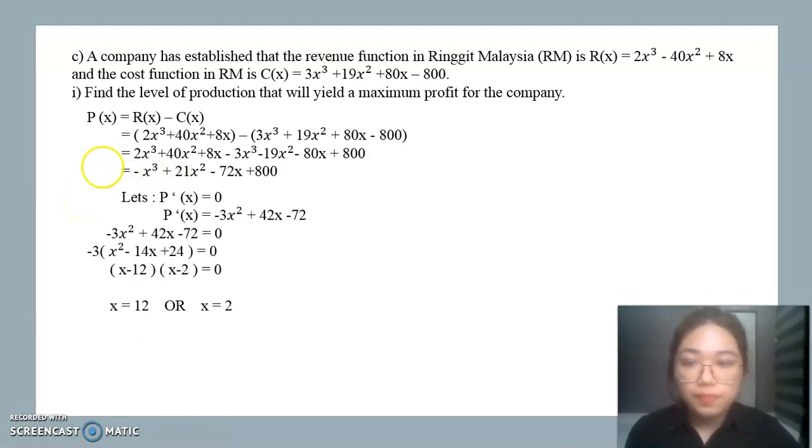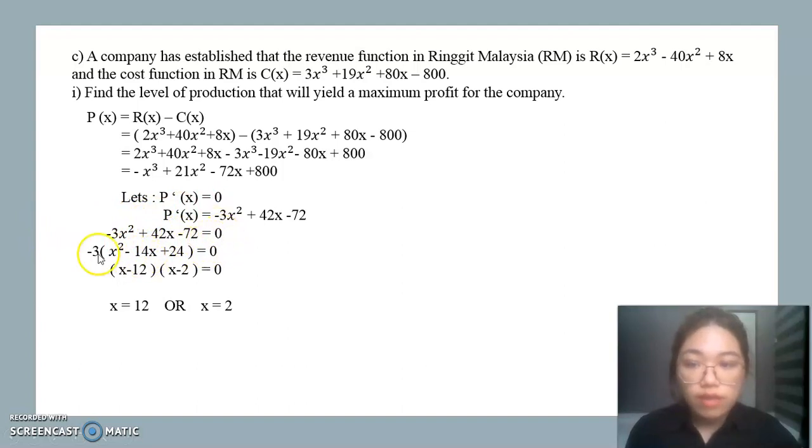Then to find the critical point of the profit function, we need to set the derivative of the profit function equal to 0 in order to find x, the critical point. So we have to solve the quadratic equation, which is negative 3x squared plus 42x minus 72 equal to 0.